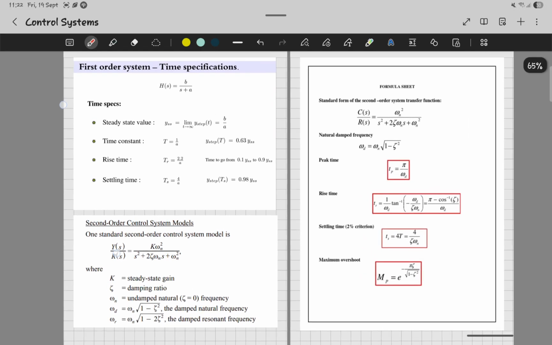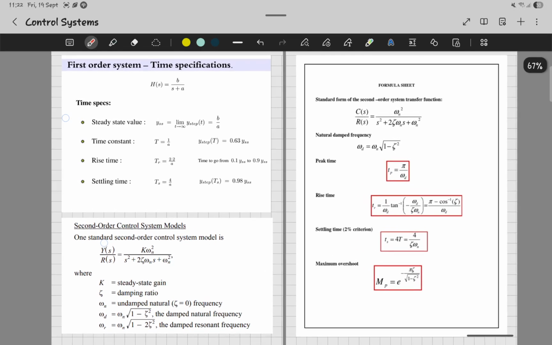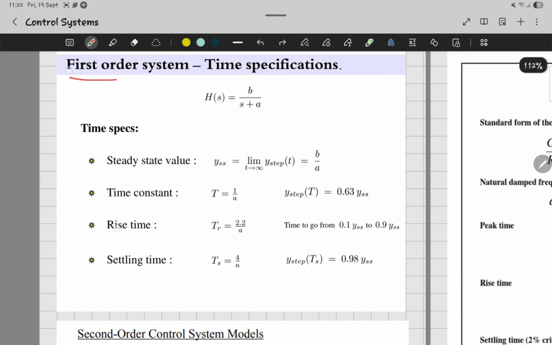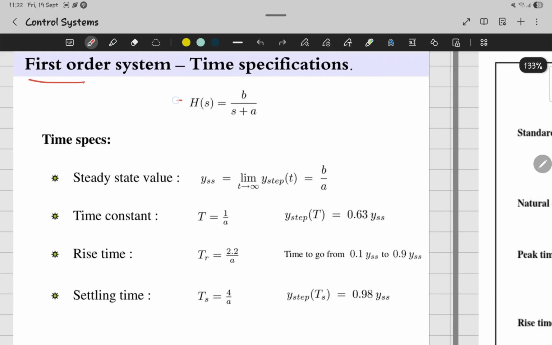Let's see in detail the formulas that we can use for the first order transfer function. Let's say this is our transfer function. I'm going to zoom in. So this is actually our transfer function.